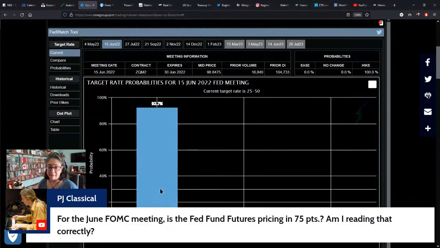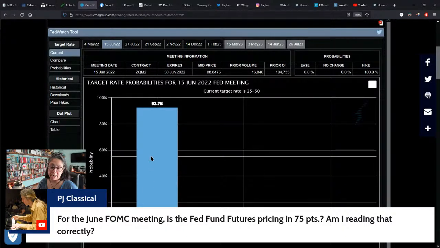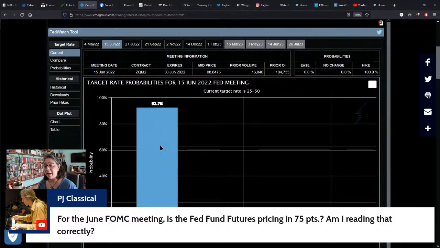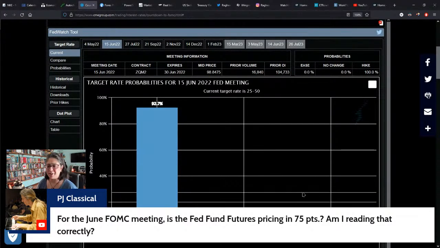Then if we're at 75 to 100, you'll see right here that 92% column, almost 93%, represents another half point hike. The 3/4 point hike conversation is down at a mere 7.25%.